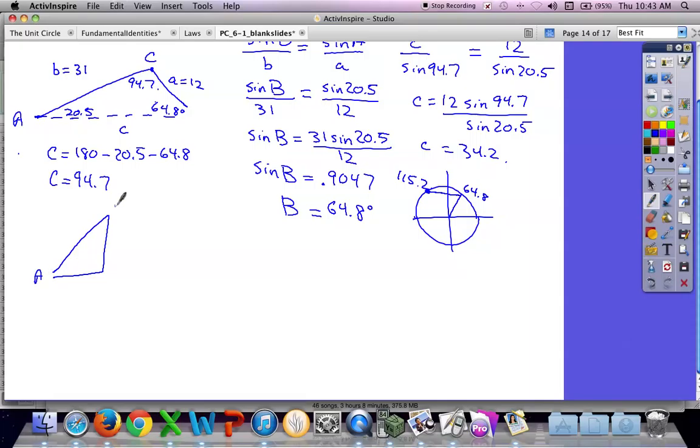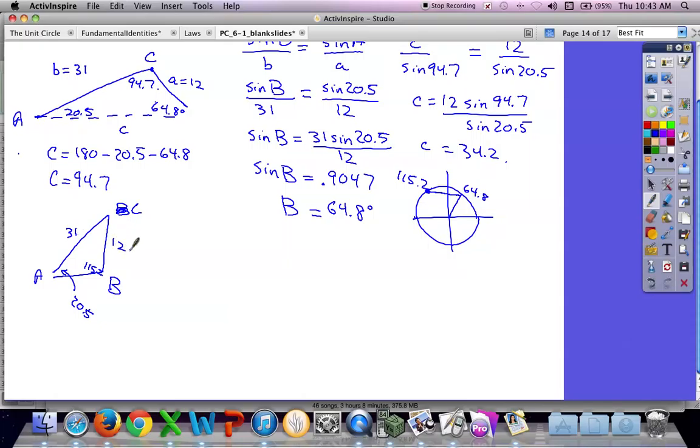There's our A, B, and, sorry, B and C. So now this is our 115.2. This is the 20.5. This side is still 31. This side is still 12.